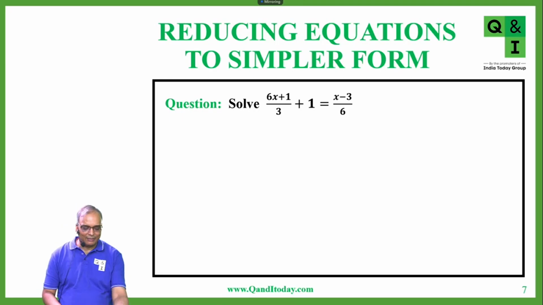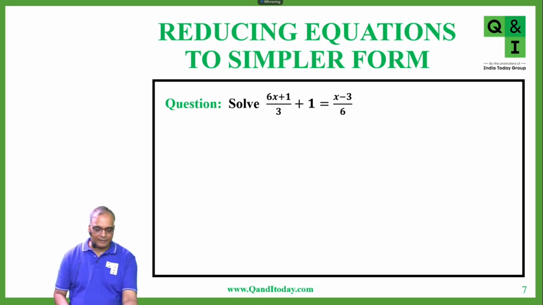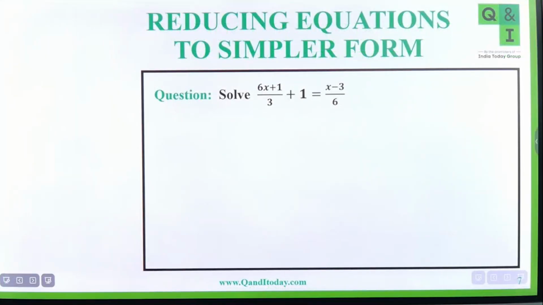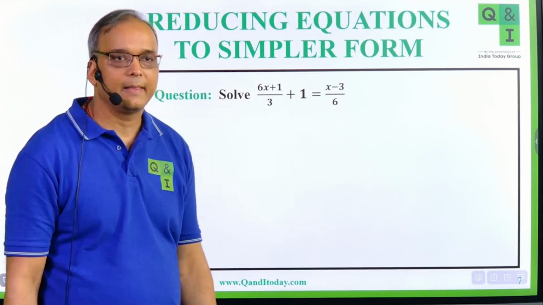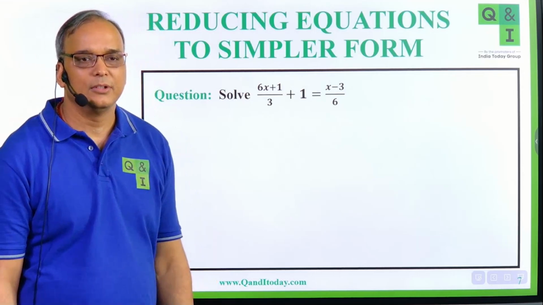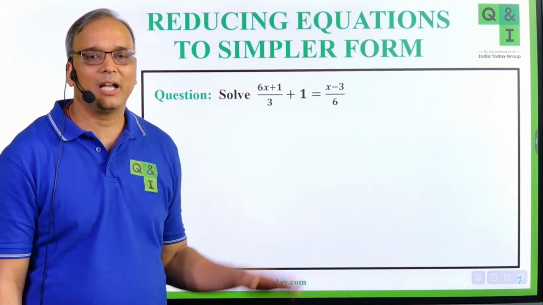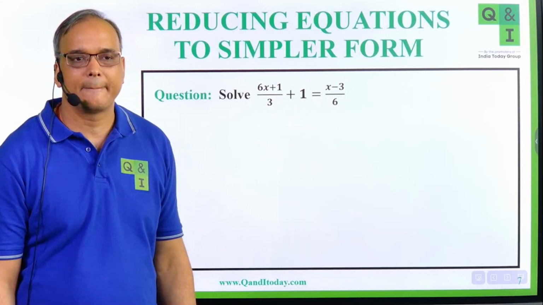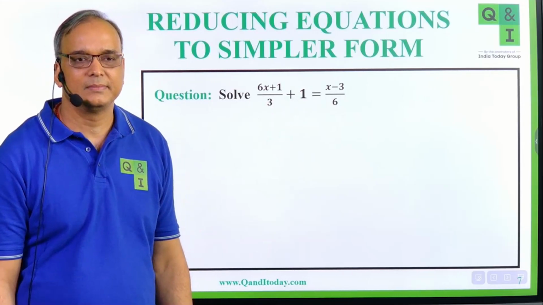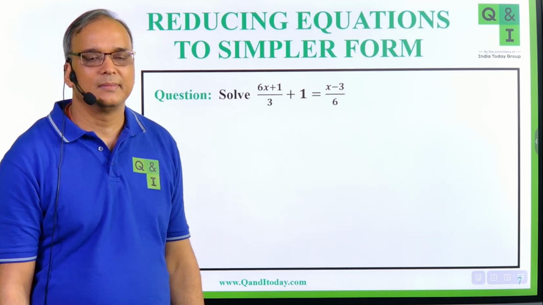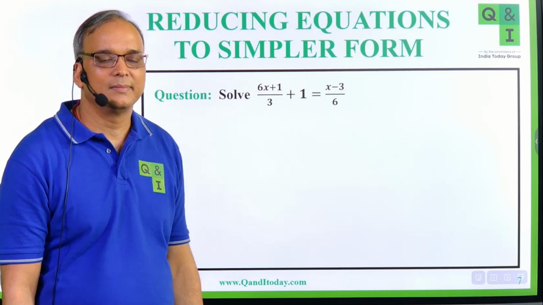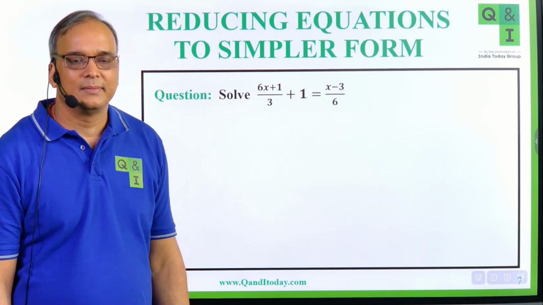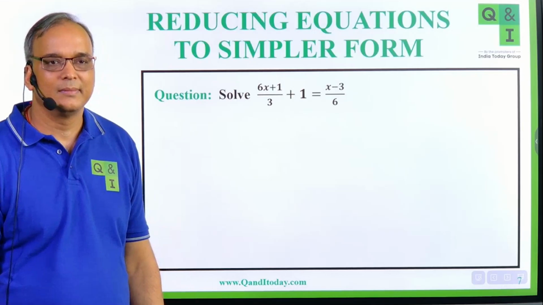Can someone tell me what will be the first step? What will you do here to solve the question? You can unmute yourself and tell me what you are going to do. So change 1 to 3 by 3.